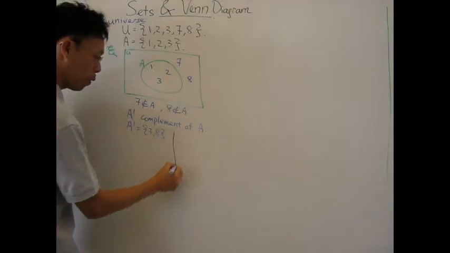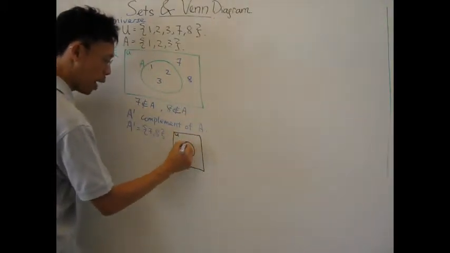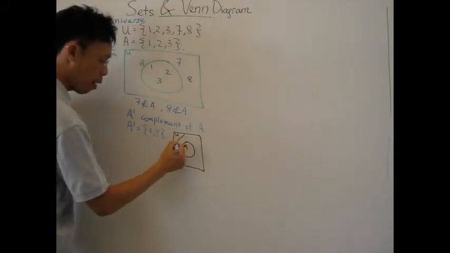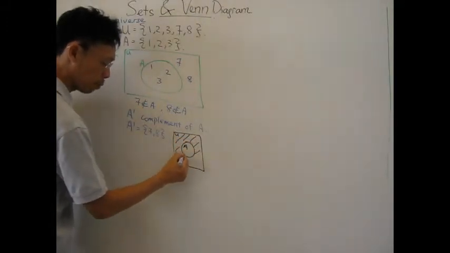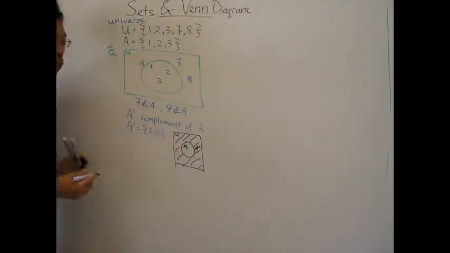If I draw a Venn diagram now, the universe, with A inside here, then all the shaded area outside is A dash.